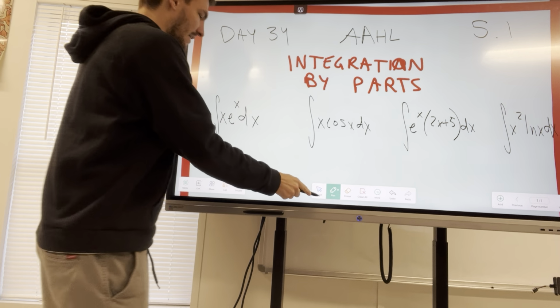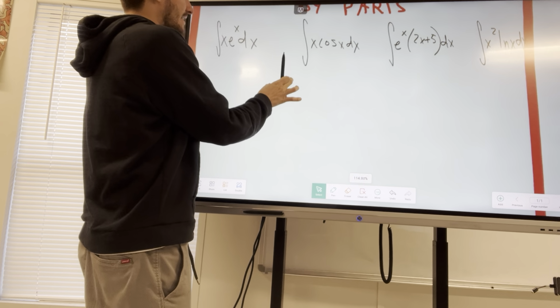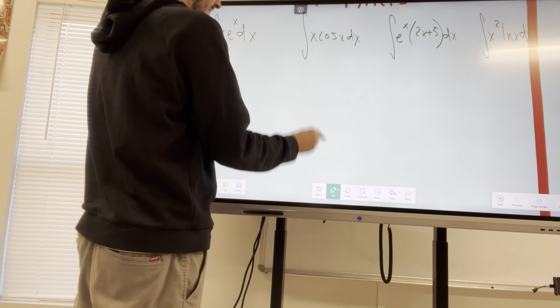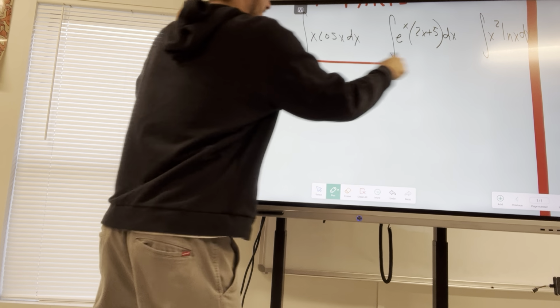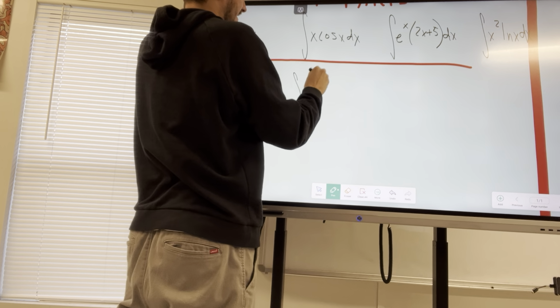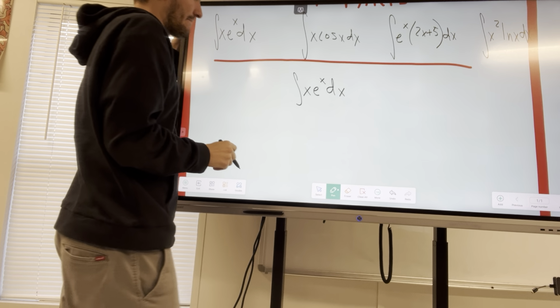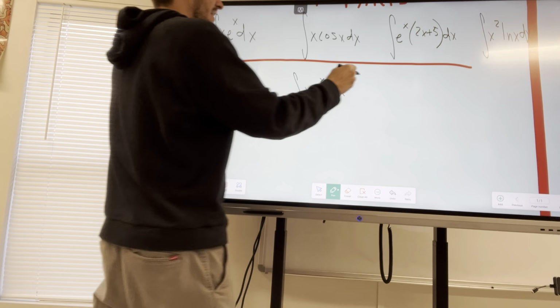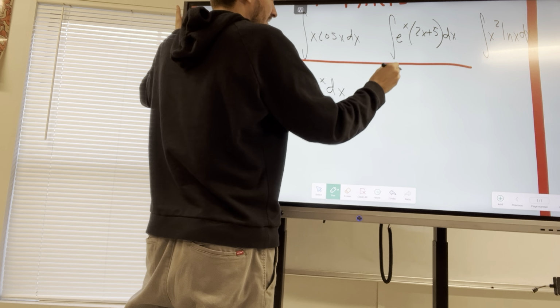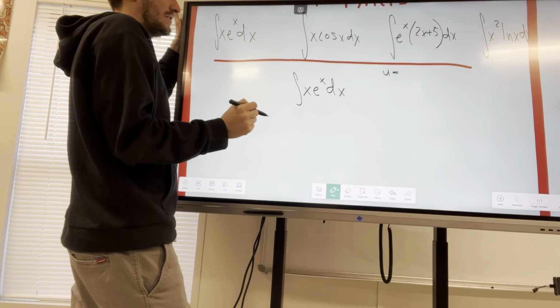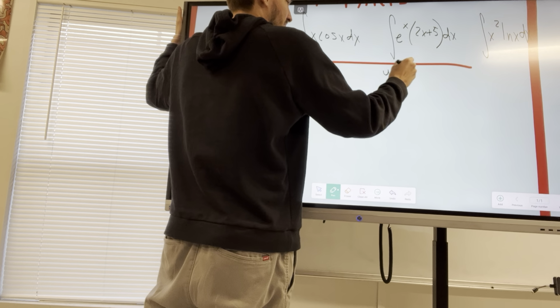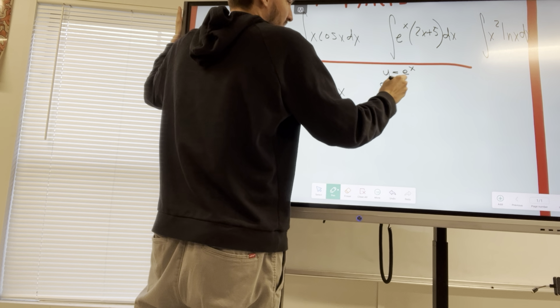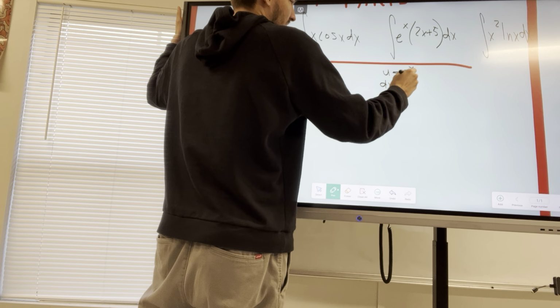For example, if we try this first one, the integration of x e to the x dx, they're multiplied, which is an issue. If we tried U substitution maybe, we could pick that U is e to the x and du is also e to the x.